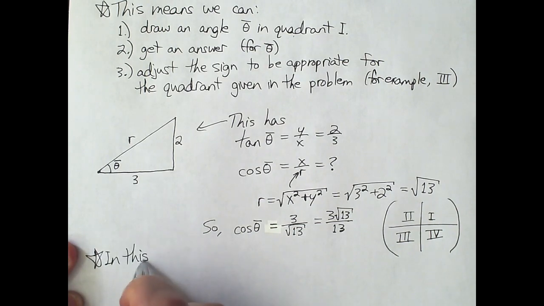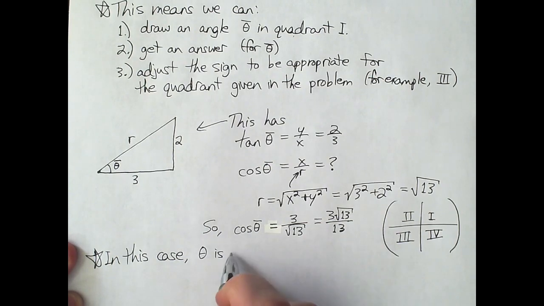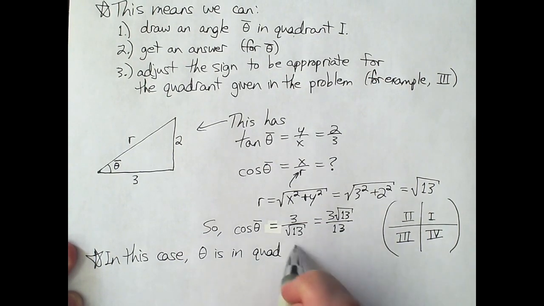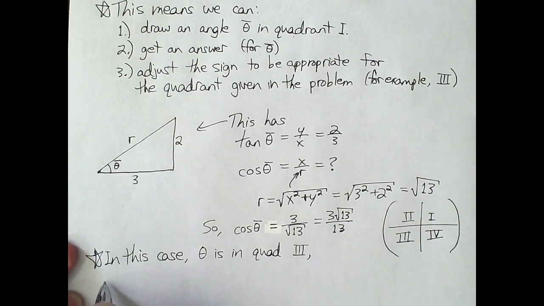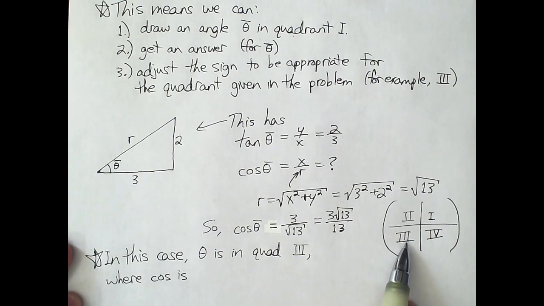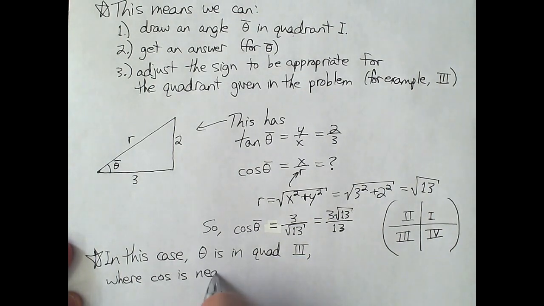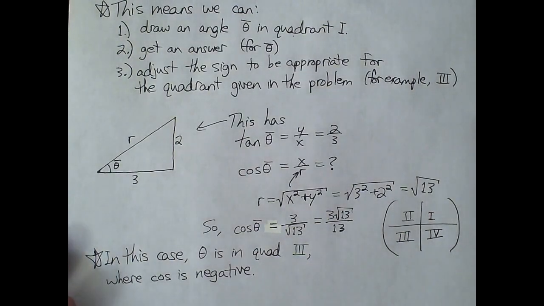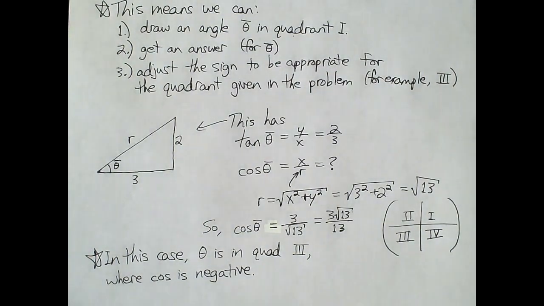I'm going to say, in this case, theta is in quadrant 3, where cosine is, let me ask you, cosine of something in this quadrant, do you think it's positive or do you think it's negative? I'm going to say negative. I'm saying negative because you can use everything that we know about the unit circle, everything we know about sine and cosine so far, right?